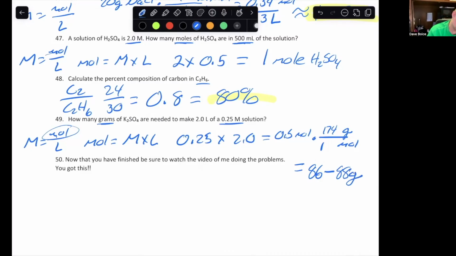And so that's going to be your actual answer. I think the very first time I did this question, I accidentally stopped at 0.5 moles because it is a very easy mistake to make, not reading the question. A lot of wrong answers come from that. So try not to let that happen.